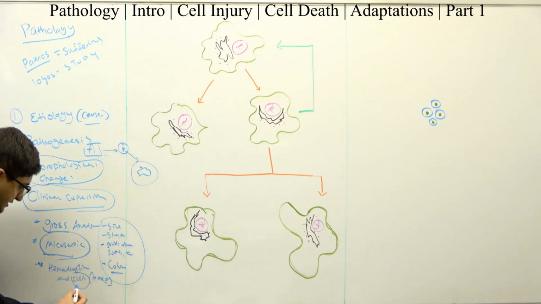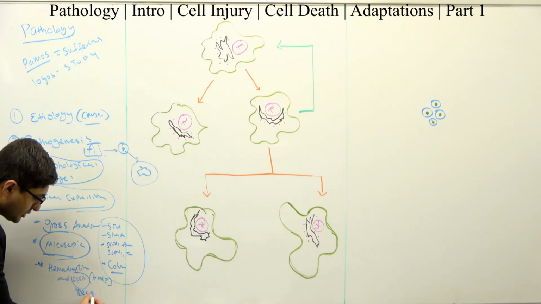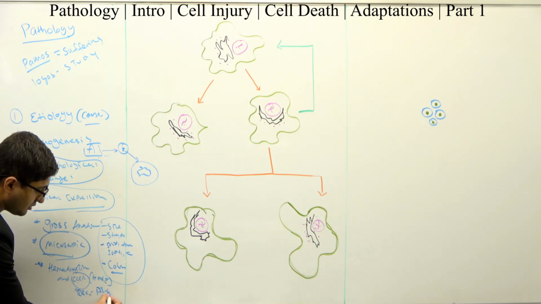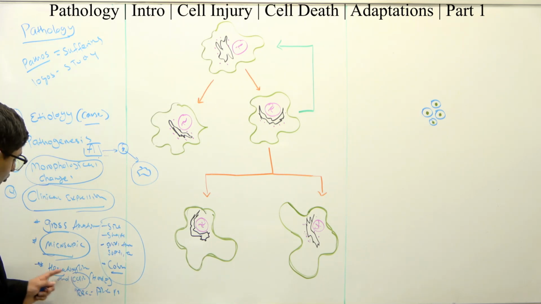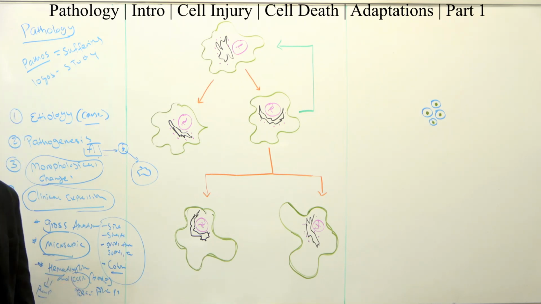Whenever it binds to red blood cells, it gives a pink or reddish color, and hematoxylin will usually give a purple or bluish color. It's really important to distinguish between hematoxylin and eosin.